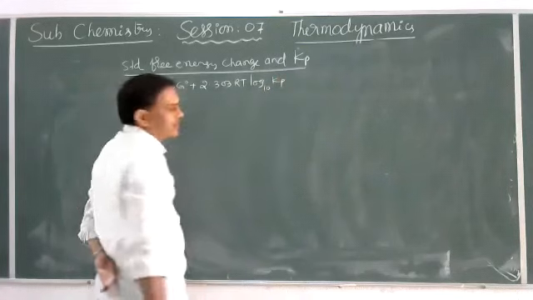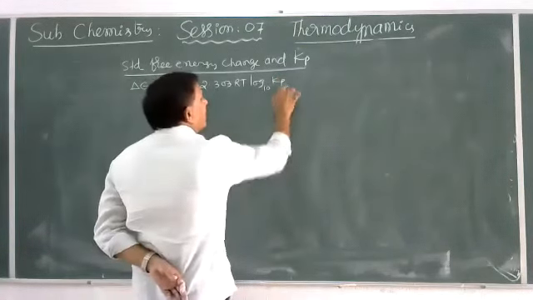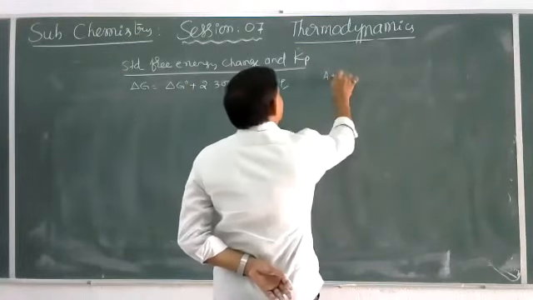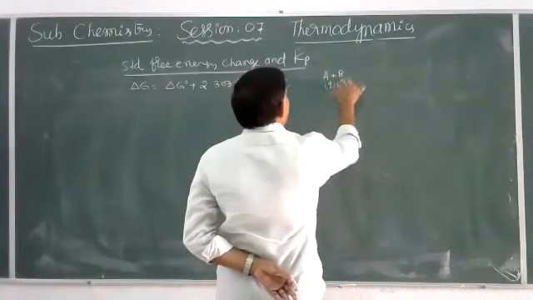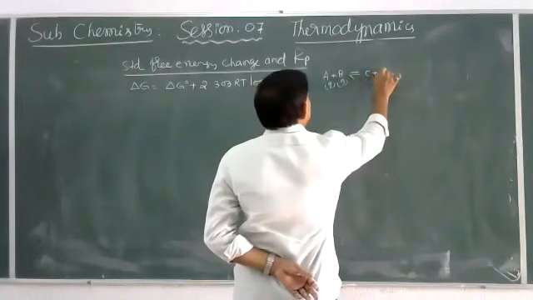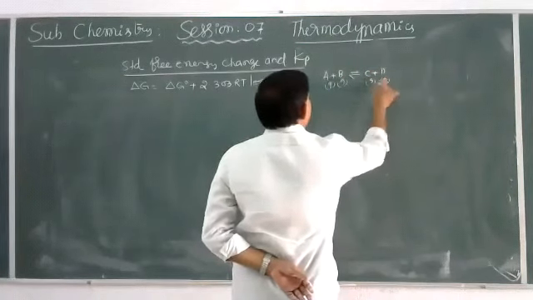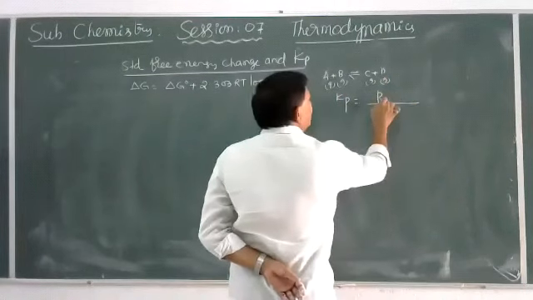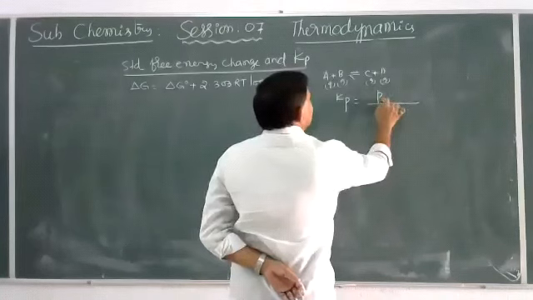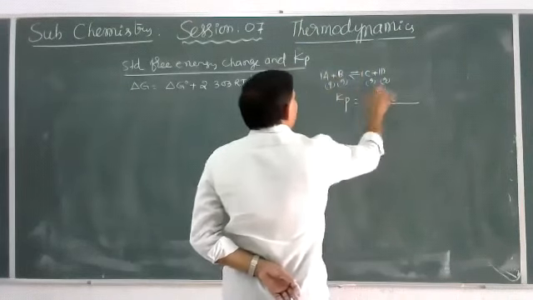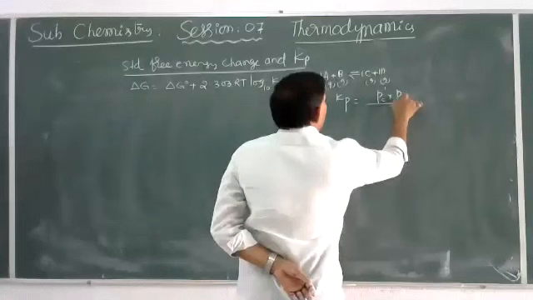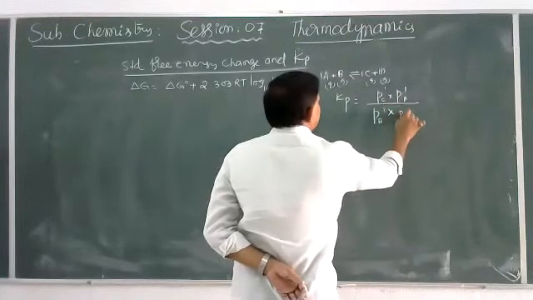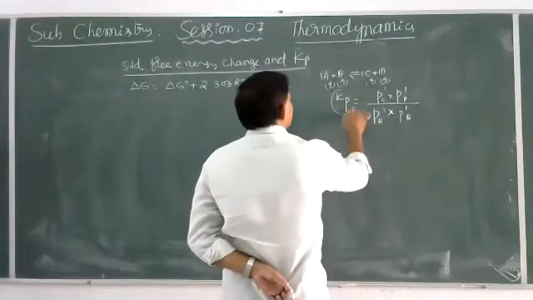In terms of pressure or concentration, like A plus B gaseous reactants giving C plus D gaseous products, Kp is the product of the partial pressures of the products raised to the appropriate powers, divided by the product of the partial pressures of the reactants. This is the Kp expression.